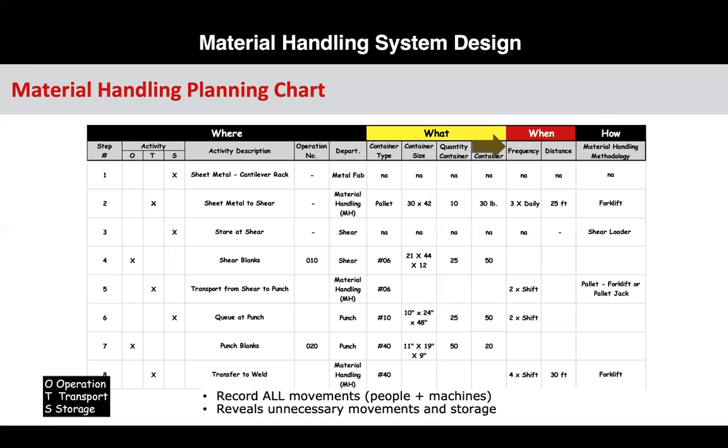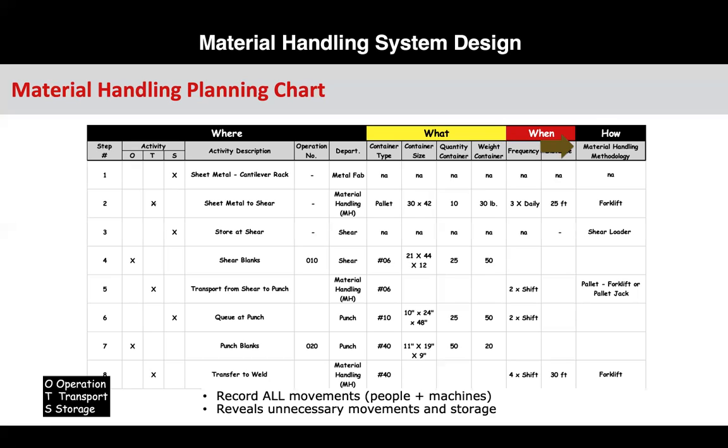Then the when: the frequency that it's moved and how far it's moved. We've got the where it's at, what it's going to be put in to move, and when, so the frequency, distance, and then the last one is the material handling methodology.